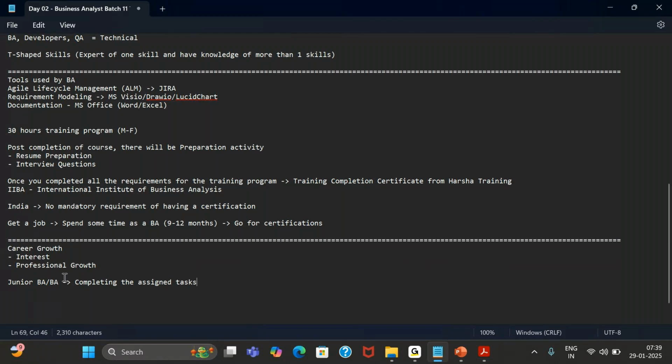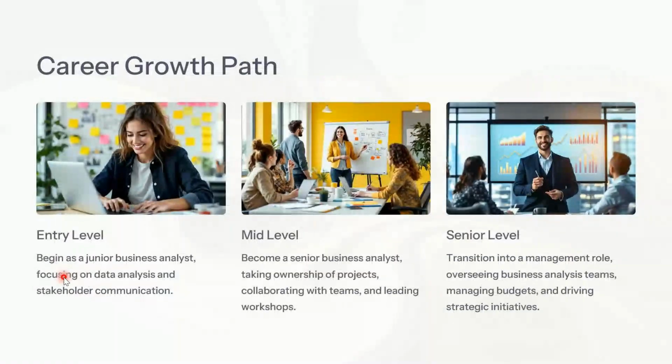Maybe I'll let you know that you are going to work on an ABCD project, who the stakeholders are, and what is expected of you. Knowing that you do not have the relevant experience, maybe you have 2 or 3 years of experience, there will be someone to guide you as well.